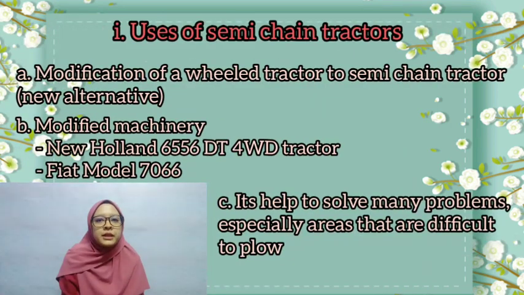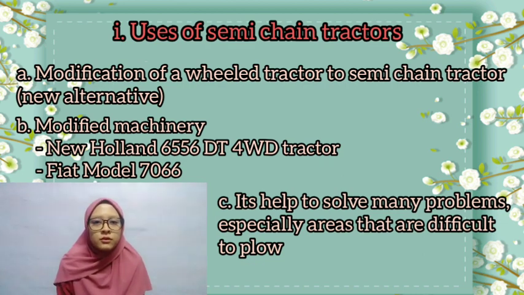The first part is the use of a semi-chain tractor. Modification of a wheel tractor to a semi-chain tractor is a new alternative to avoid the machinery from getting stuck in a trouble area.